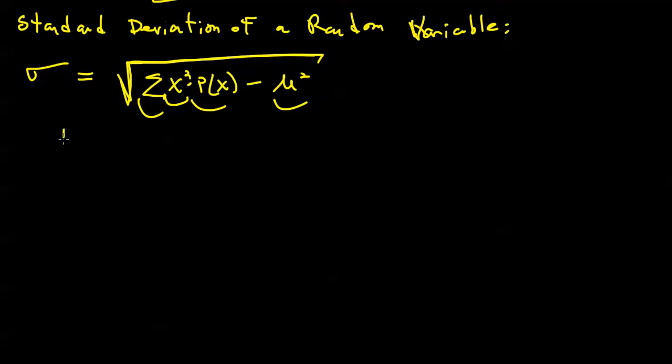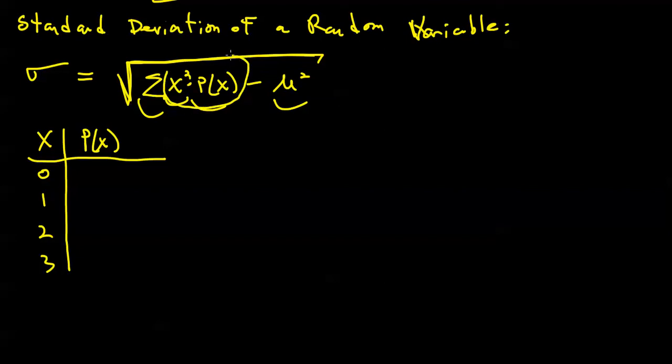Let me briefly copy down this probability distribution again for the number of heads in 3 flips. Well, again, what I want to do is I'm going to create a third column in this probability distribution and call it x squared times p of x.